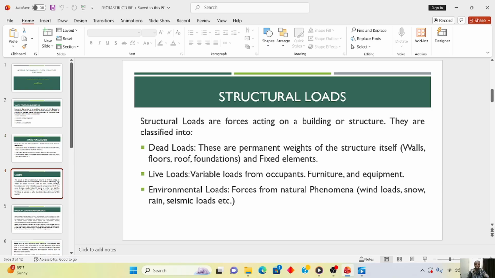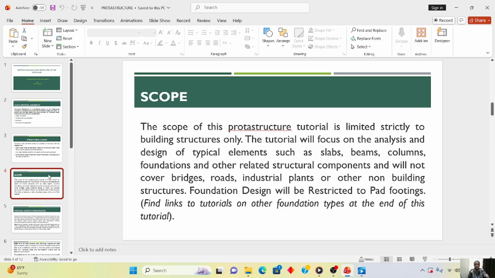Okay, so next we'll be looking at the scope. That is, what is the scope of this tutorial? Now, this tutorial is actually limited to building structures only. As you know, we have all other kinds of structures.